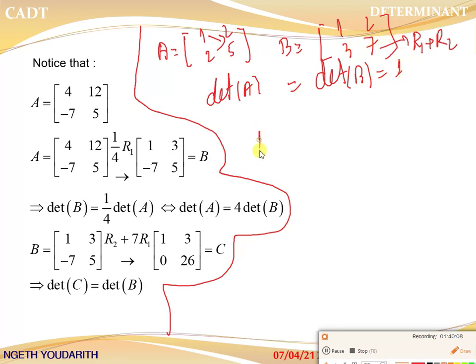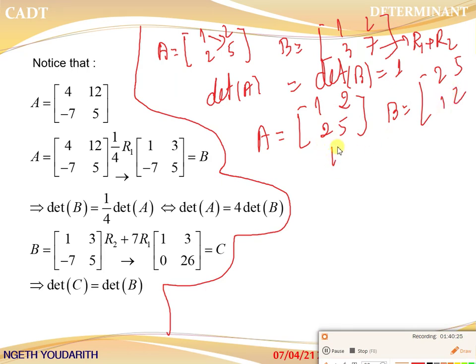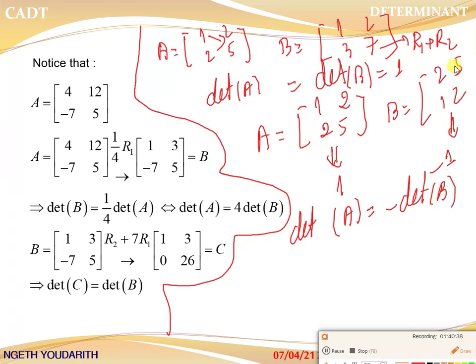But when we get A as 1, 2, 2, 5, and B is 2, 5, 1, 2, this determinant is 1 and this determinant is minus 1. So determinant A equals minus determinant B. When we change the row, the value of the determinant is opposite, from 1 to minus 1.